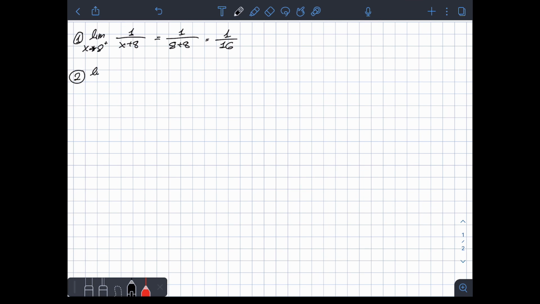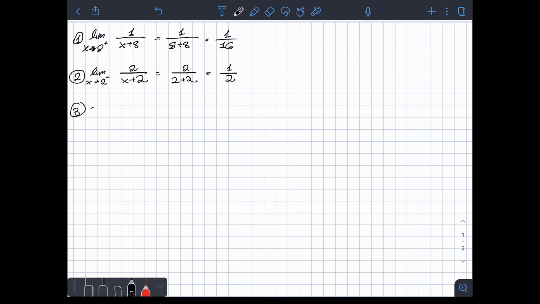The limit as x approaches 2 from the left of 2 over x plus 2. And again, this function has a limit at that value, as you can see by plugging it in. It equals 1 over 2, so in this case, if we're approaching 2 from the right, we get the same value.